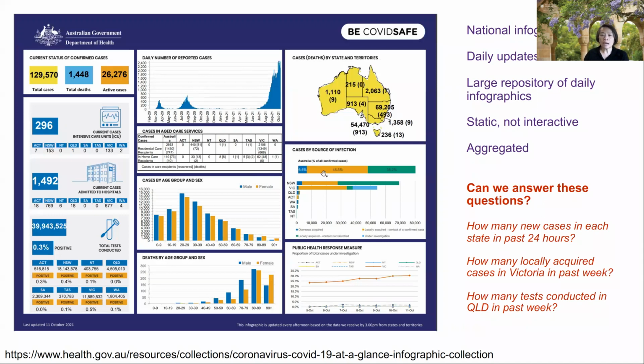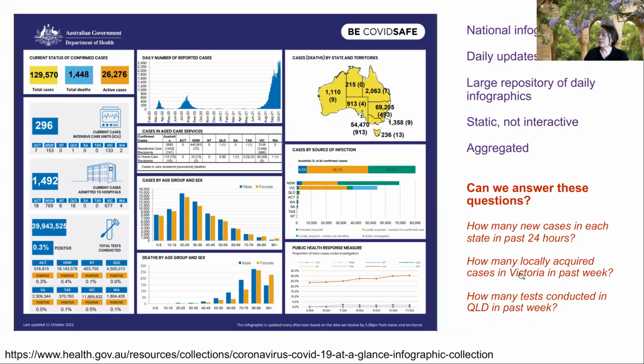So when we talk about time, place, and person, we can't ask questions like, how many new cases in each state in the past 24 hours? We can roughly see how many cases there have been in the last 24 hours. We can see the total number of cases for each state for the whole entire outbreak, but we can't actually answer this question.